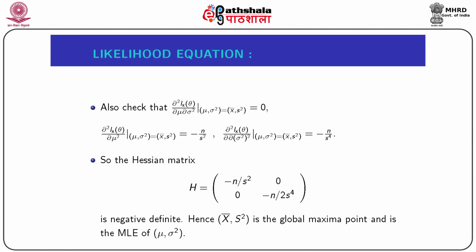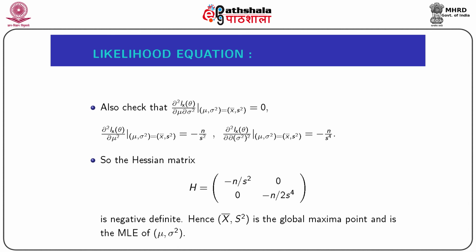Also, here we can check that the second order derivative of the log likelihood function with respect to mu and sigma square at the point mu equal to x bar and sigma square equal to s square is equal to 0. The second order derivative with respect to mu square at the same point equals minus n by s square, and the second order derivative with respect to sigma square at the same point equals minus n by 2 s to the power 4.